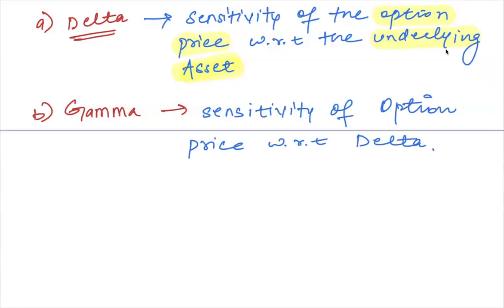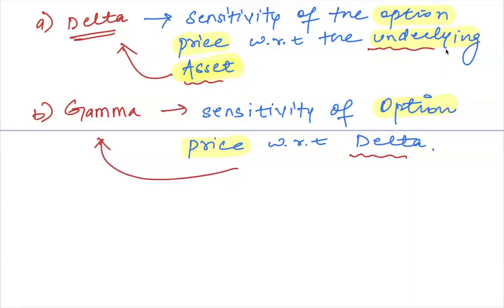We'll actually go deep. We always check the sensitivity of the option price. But the parameter here was the underlying asset, right? When the parameter is the underlying asset, we call it delta. And when the parameter is delta, we call it gamma. But we always check the sensitivity of the option price, which remains constant.